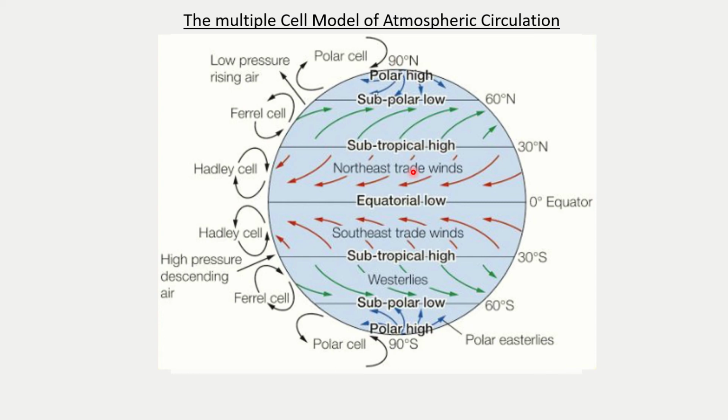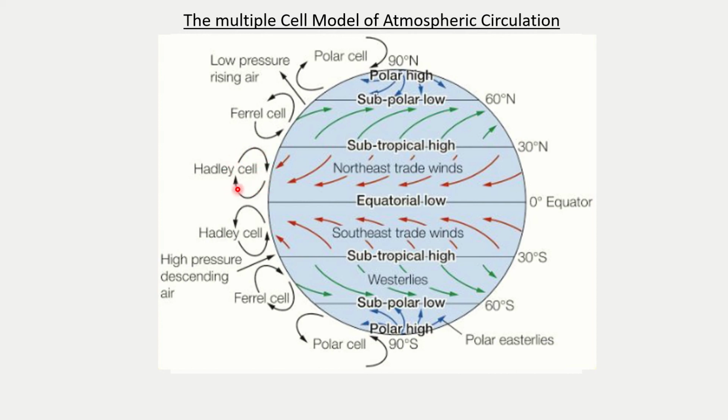You'll also hear me refer to surface winds. The Earth's surface winds that we experience as humans move in defined patterns, and they have names as well. And you might hear me talk about trade winds. These are the winds that move over the surface of the Earth, and they are the bottom movement of air in the cell that corresponds to that zone.